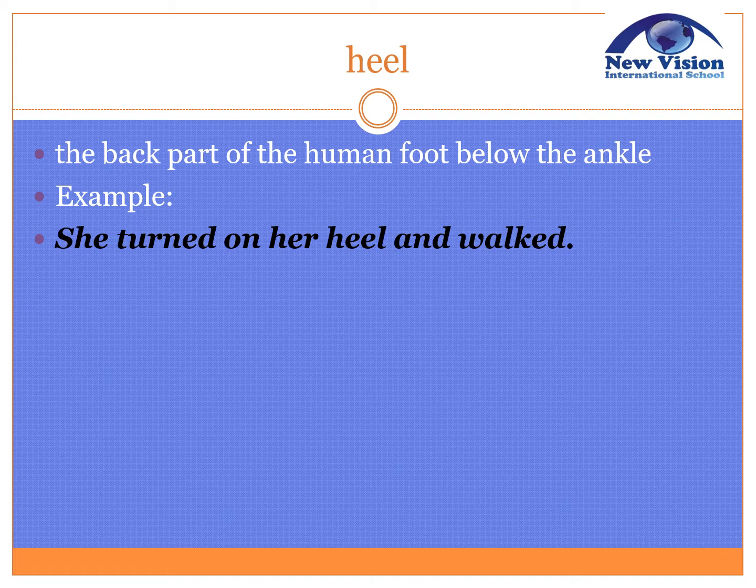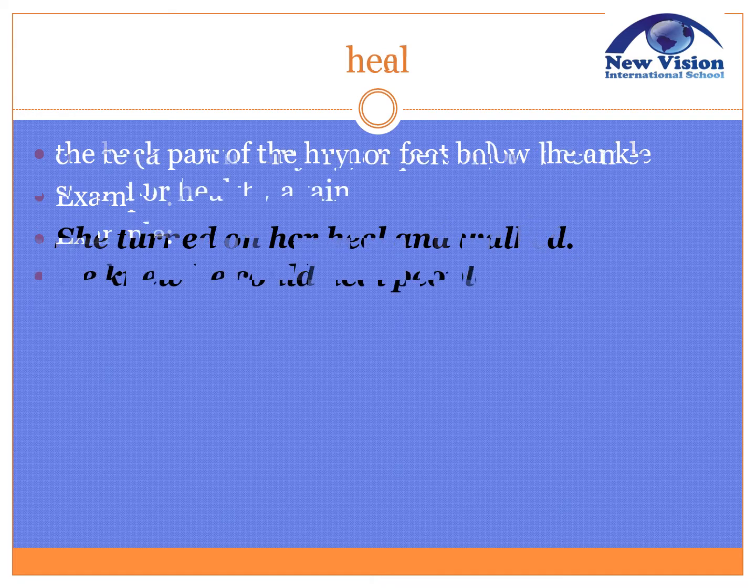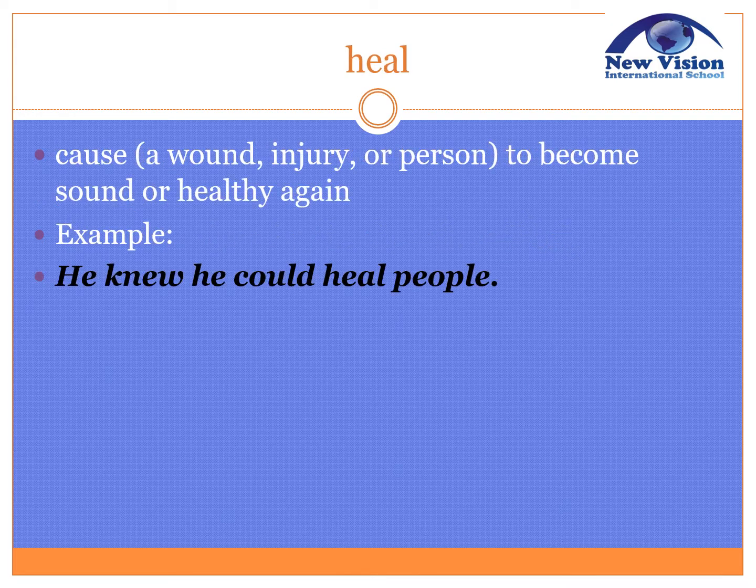You call it heel. The next word is another heel, meaning to cause a wound, injury, or person to become sound or healthy again. Looking at the two words, they have the same sound, different spelling, and different definition.